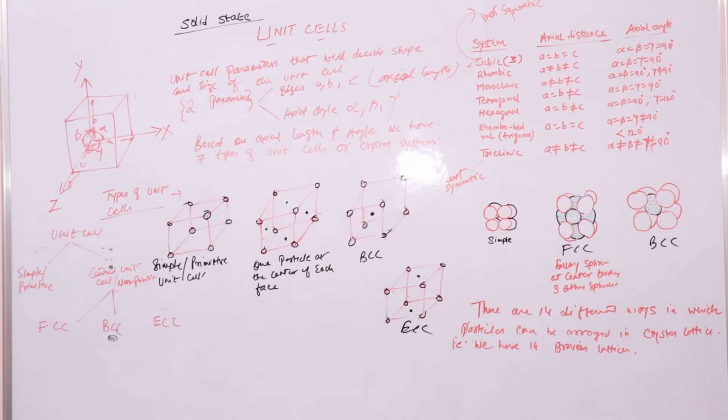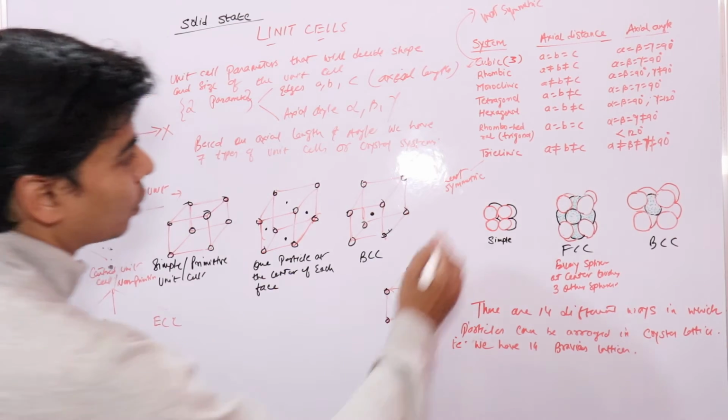Now similarly, if we talk about rhombic, or as we also call it, orthorhombic, we have simple, face centered, end centered, and body centered. We have four.